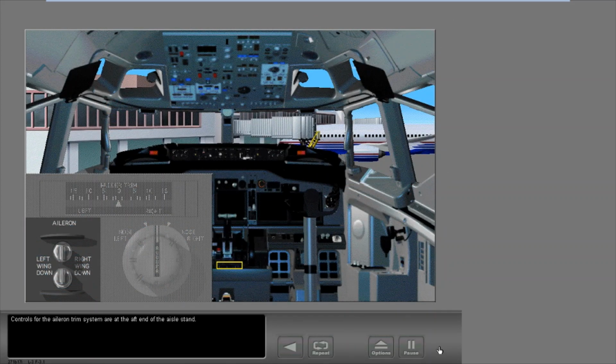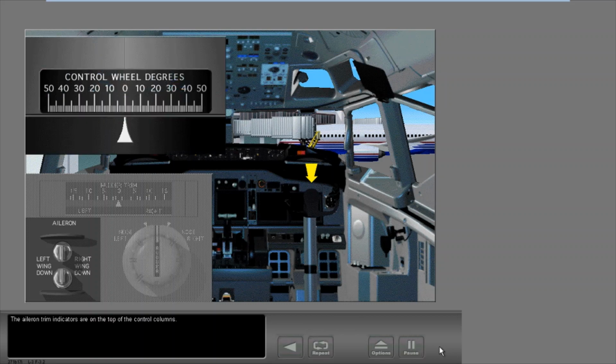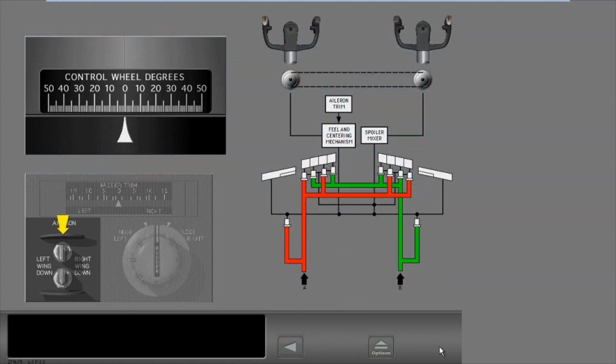Controls for the aileron trim system are at the aft end of the aisle stand. The aileron trim indicators are on the top of the control columns. The aileron trim switches send an electrical signal to the feel and centering mechanism to set new aileron and control wheel positions.